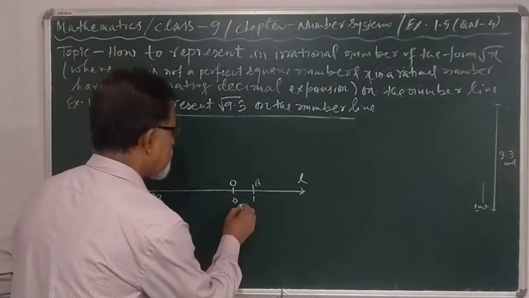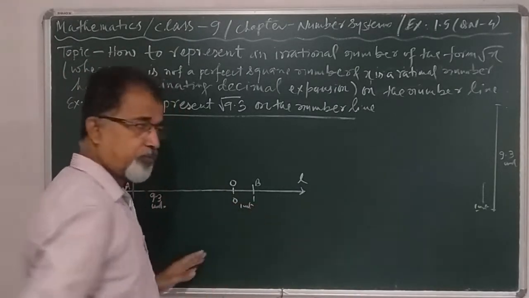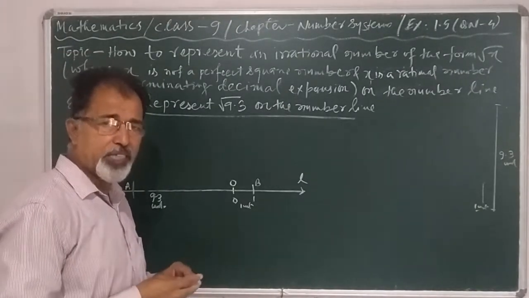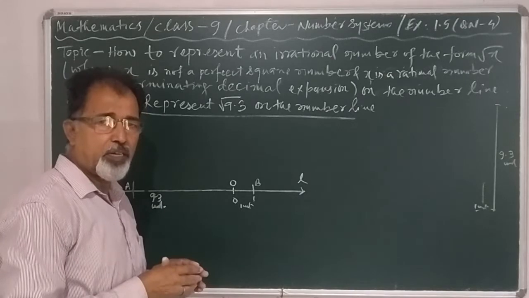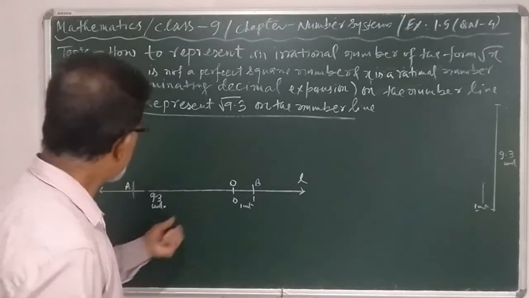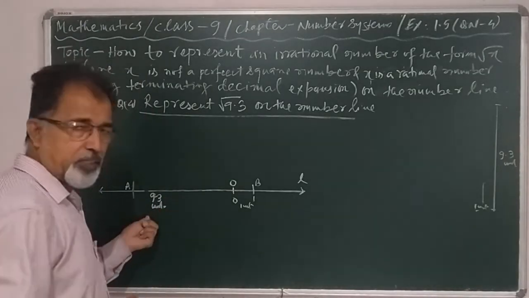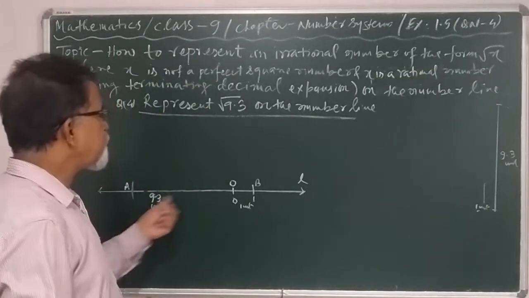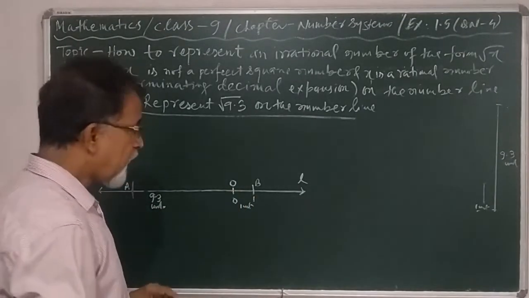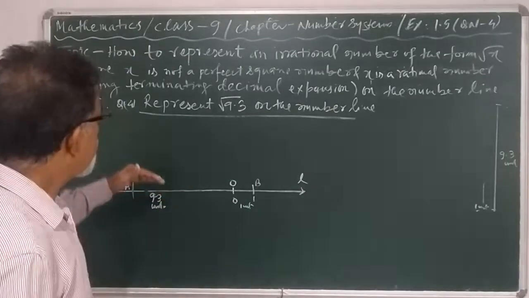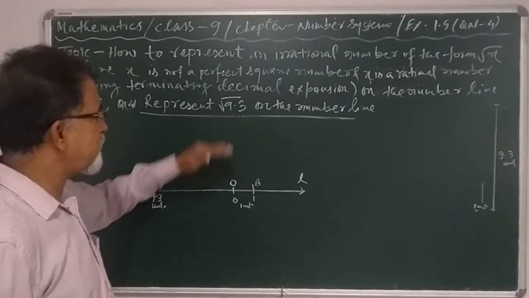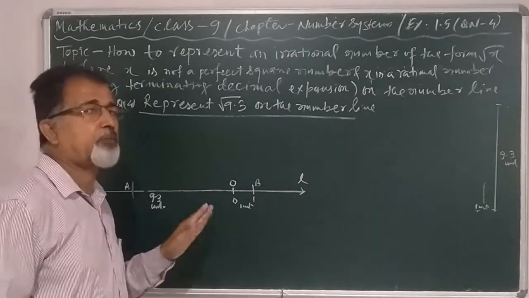This is fixed, 1 unit, and you can take 1 unit as 1 centimeter, 2 centimeter or 1 inch as per your convenience. Similarly, here 9.3 units, we will use this length as 1 unit. Now, I am going to represent root over 9.3 on the number line by using the semicircle method.